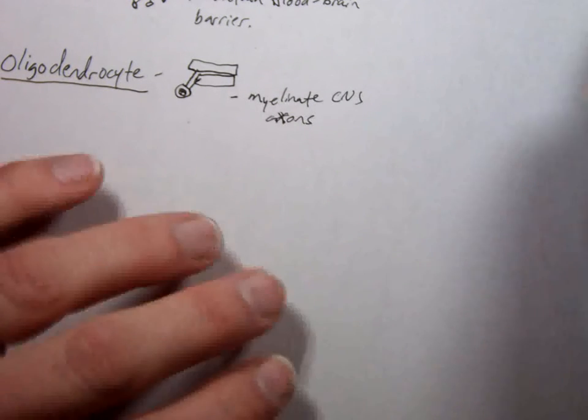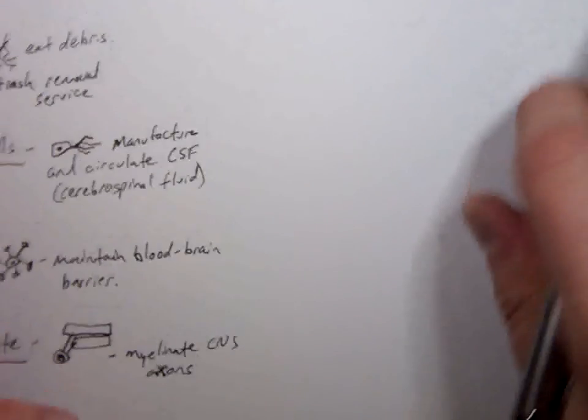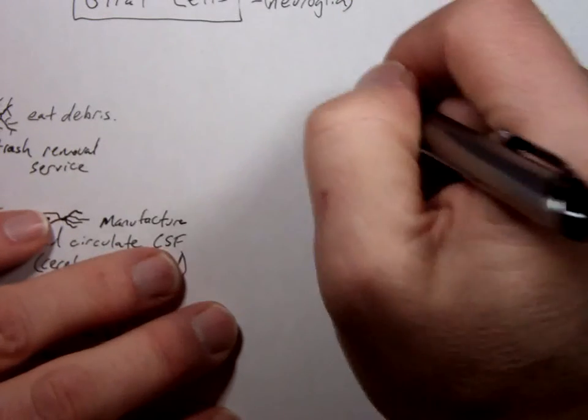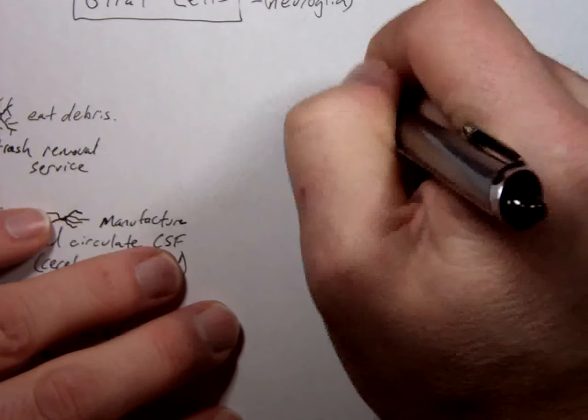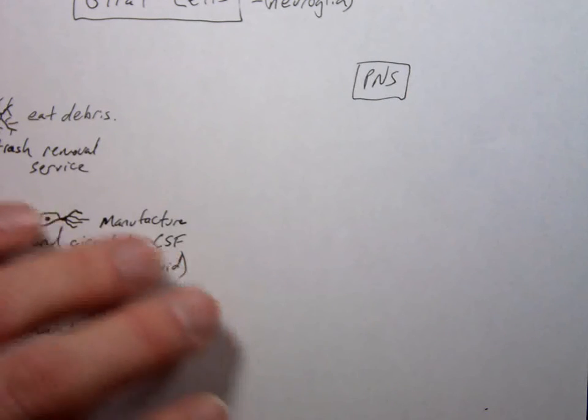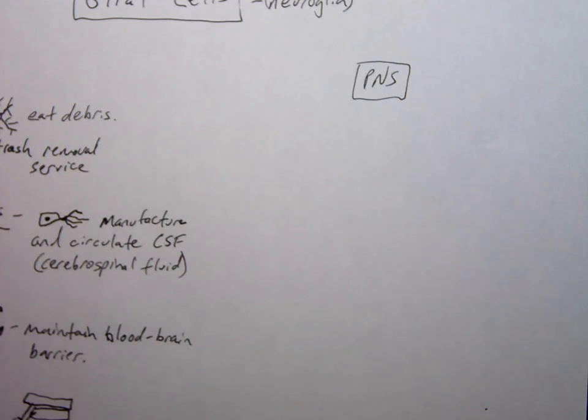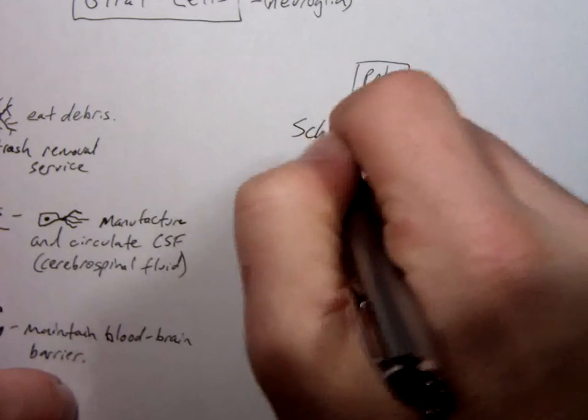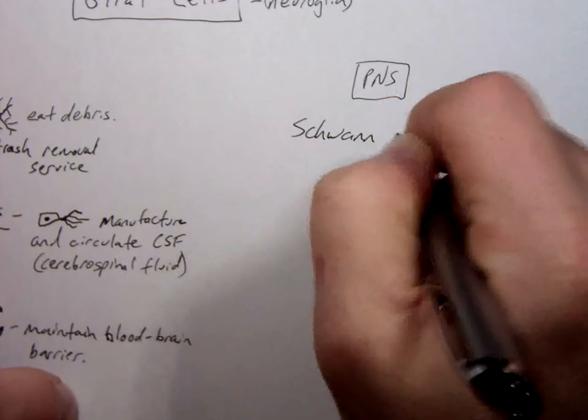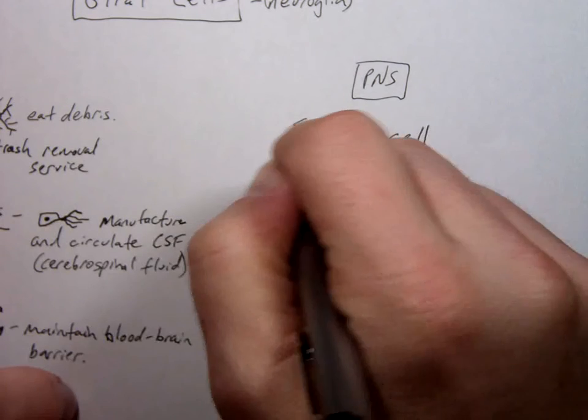Yep. Okay. The last two cells here are going to be in the peripheral nervous system. The first one is the Schwann cell, and these are in no particular order. That's just the order that I decided to write them in.